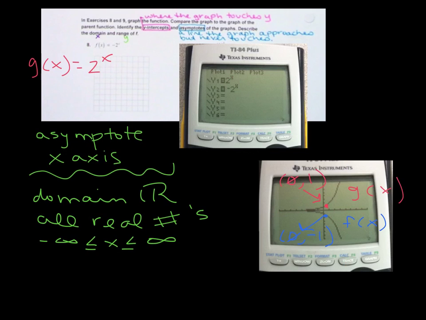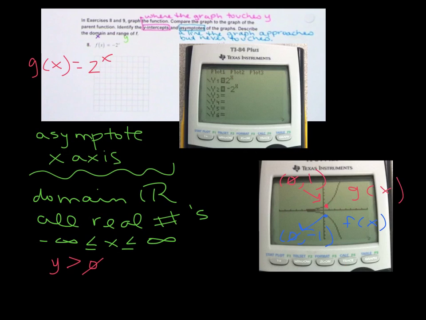Now the range is a little bit harder. So for the range, if you look at your parent function, what you should notice is, remember, range is your y values. So here, if it never intersects x, but it continues into space upward, then you know that all the y values are going to be positive numbers. So the range for my parent function would need to be y is greater than 0.